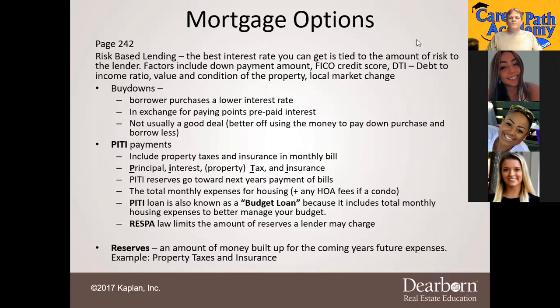All right, so they call it risk-based lending for a reason. You see the interest rate that they advertise, how much you could get a loan for. You're probably not going to get it at that rate. Is that false advertising? No. If you read all the fine print, you would see you need to have a perfect credit score.